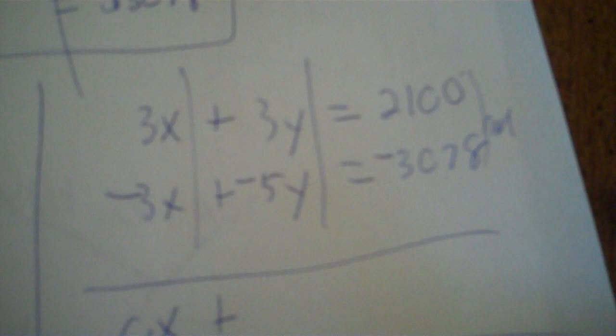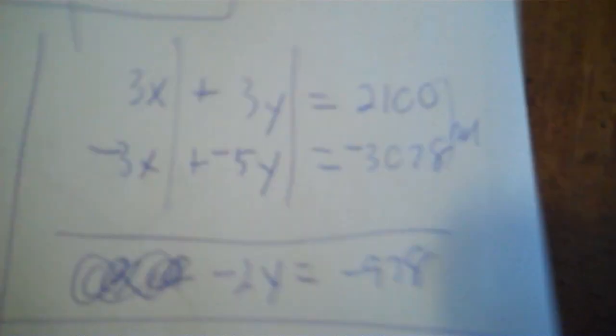Okay, now you want to add, that's 6x, but if you make it negative, now it's 0x. Make the 5 negative and the 3,078. You can't forget to make those negatives or you're not going to get this right. You take 3 plus negative 5 is negative 2y.